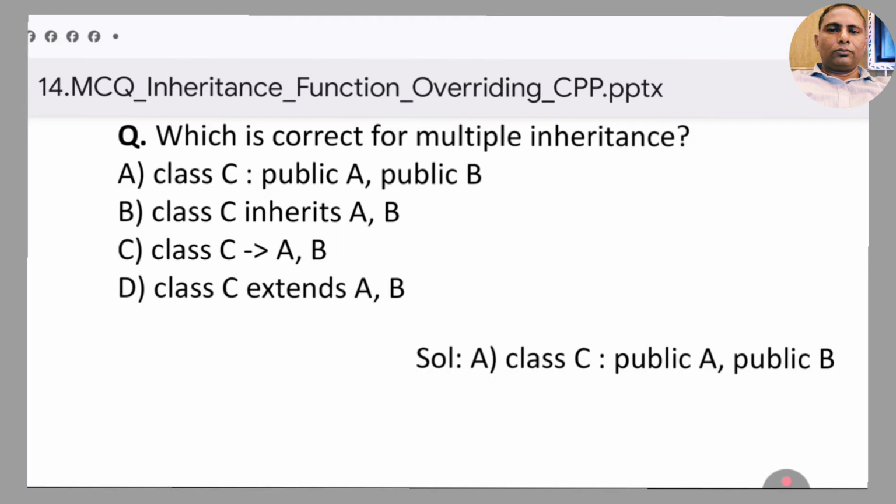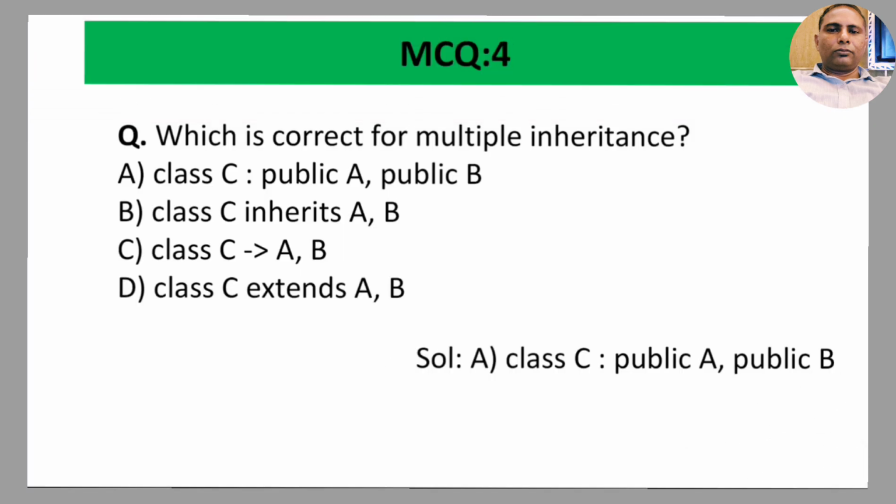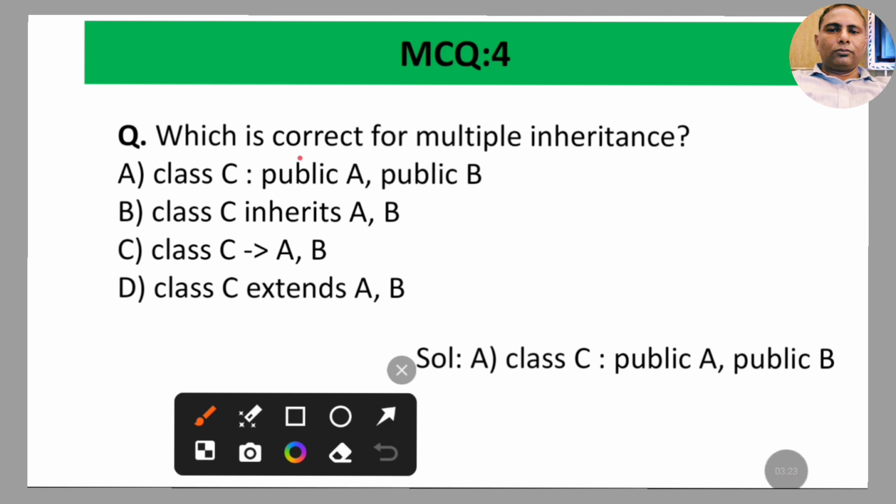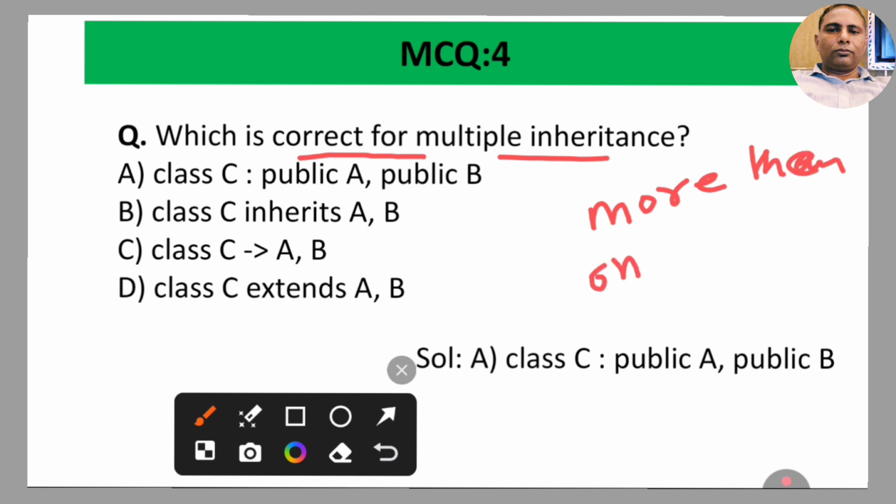Now, MCQ 4: which is correct for multiple inheritance? In the case of multiple inheritance, there will be more than one parent. If it has more than one parent, then we can say it is multiple inheritance.